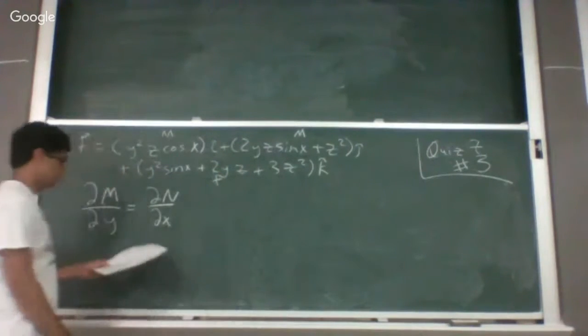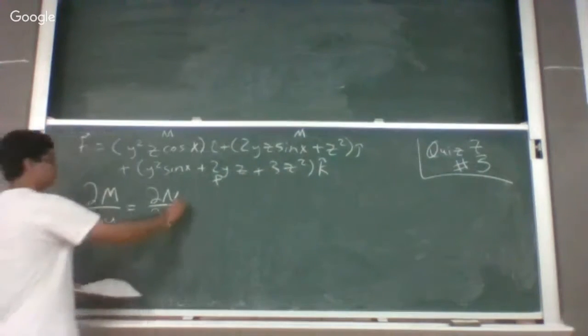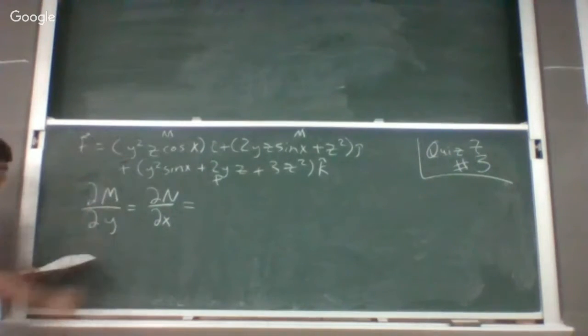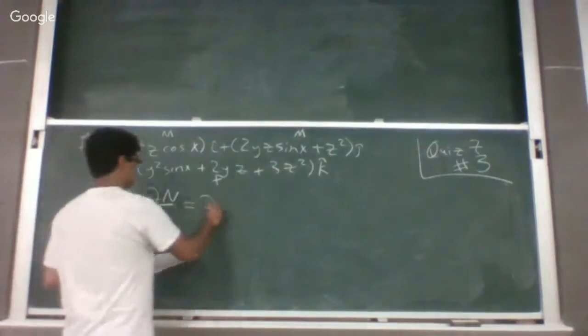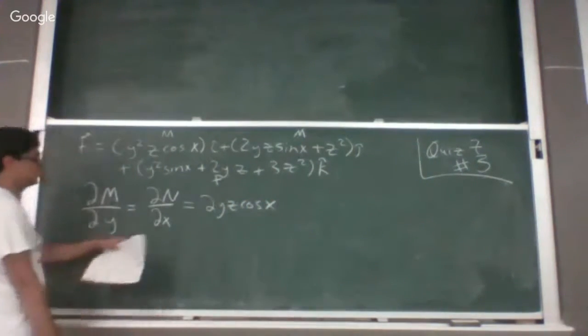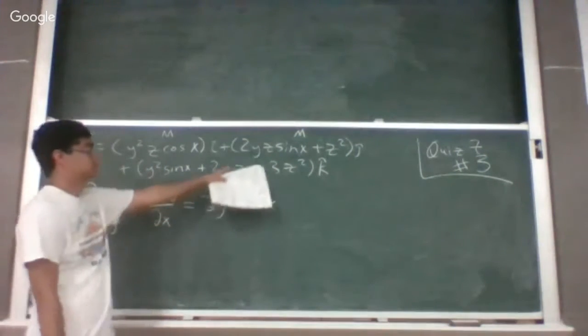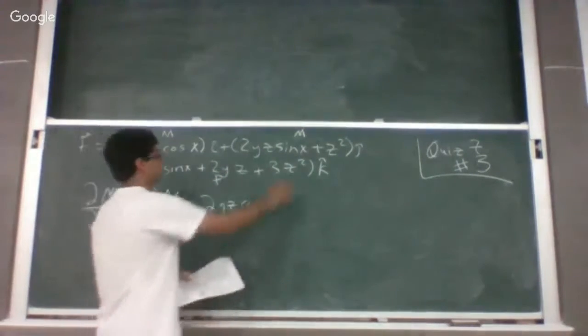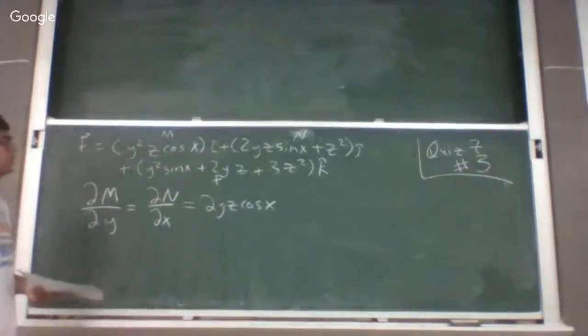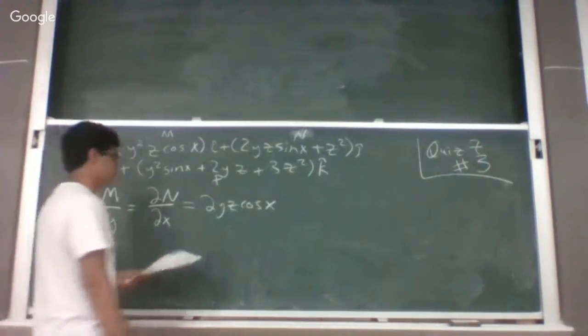What is the partial of M with respect to y? 2yz cosine x. The partial of N with respect to x? 2yz cosine x. It's the same. So we know this is true.